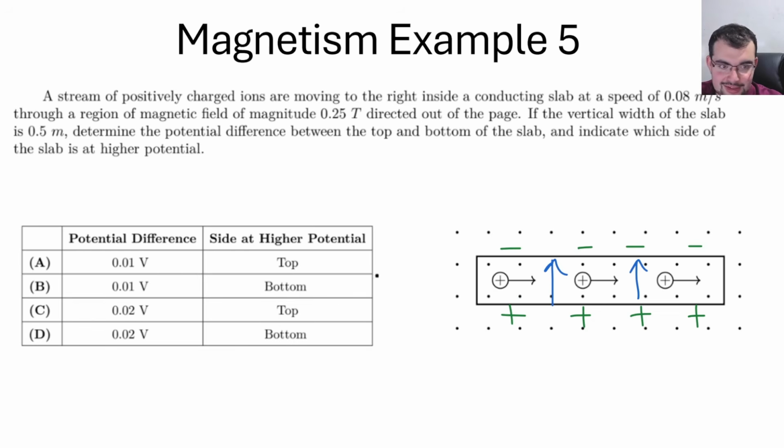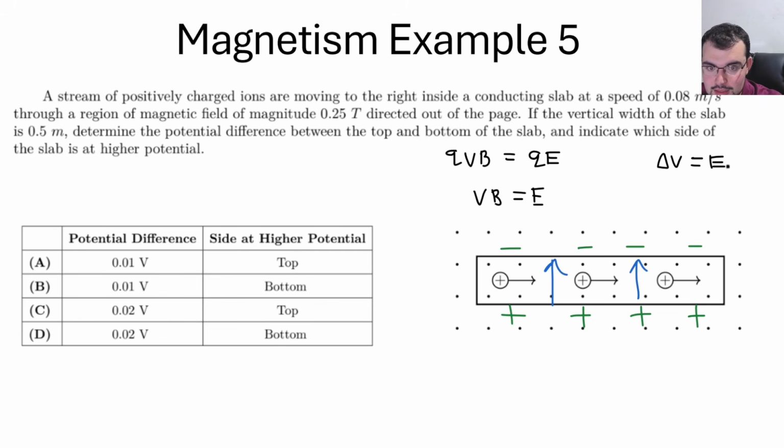Now, what's the actual magnitude? Well, this uses the Hall effect formula. We could actually derive this real quick because if the charges are in equilibrium at this voltage, we know that the forces are equal. We know that QVB is QE, so VB is equal to E. But then we also know that since delta V equals ED, or EL in this case, we could substitute E over L in.